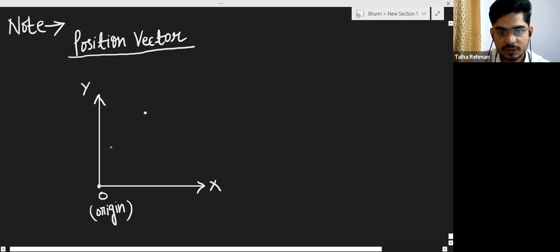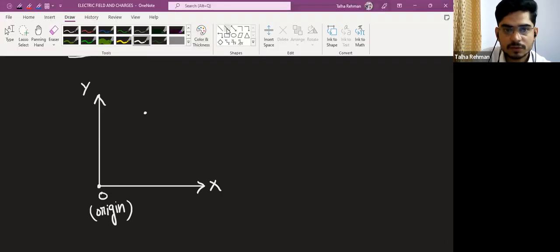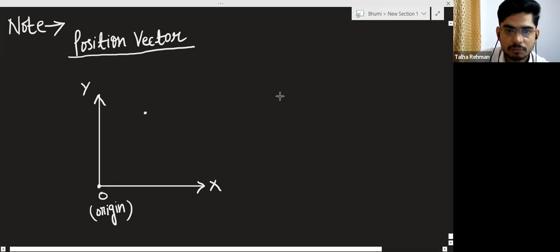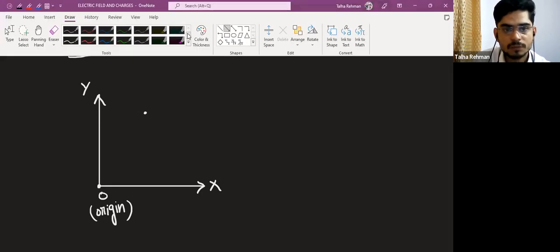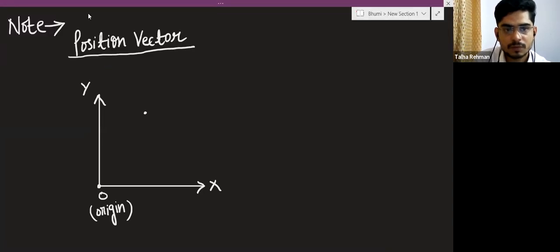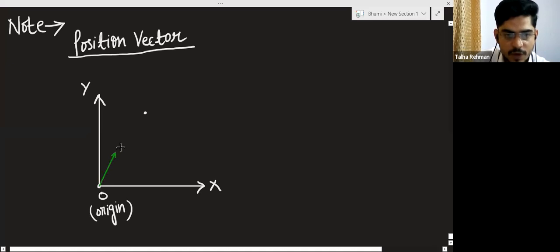This is the origin, and suppose the distance of this point from the origin is r1, and this is point A. The distance between origin and point A is r1.